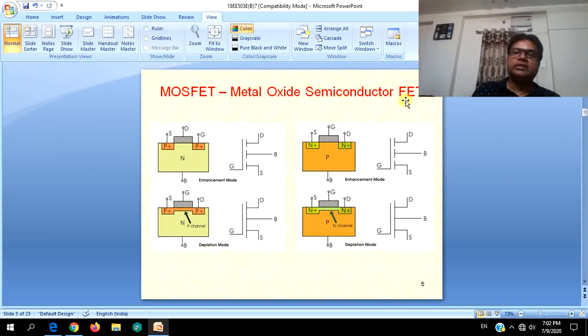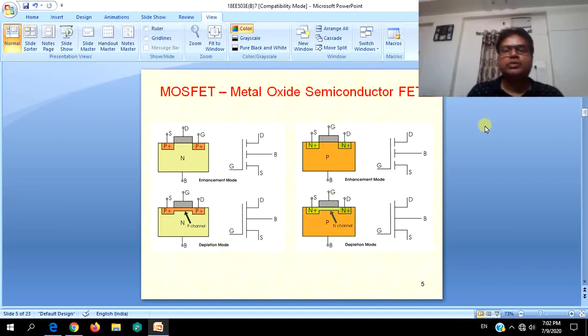The features of that field effect transistor are enhanced by altering its construction, also having different sorts of terminals, and particularly the layers used are made up of metal oxide semiconductor. Normally in most cases it is SiO2, silicon dioxide. So eventually it becomes MOSFET, metal oxide semiconductor field effect transistor.